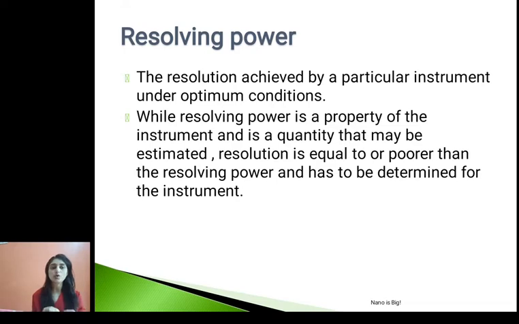Resolution is equal to or poorer than the resolving power and has to be determined by the instrument. So resolution is basically how separately you can see images of two closely spaced objects, but resolving power is a property of the instrument and it can be estimated.